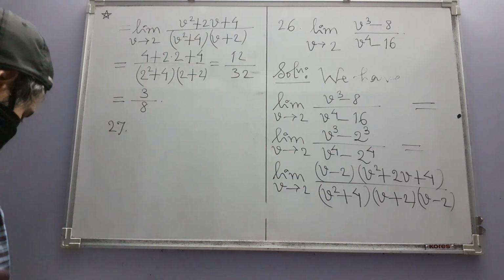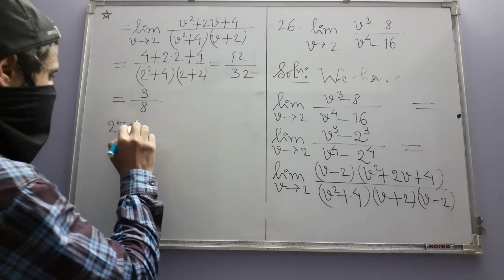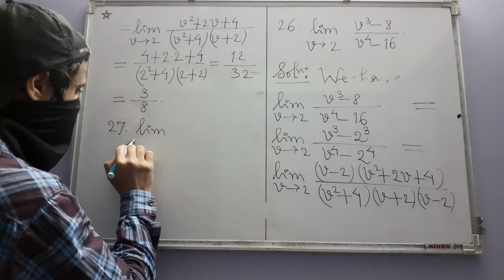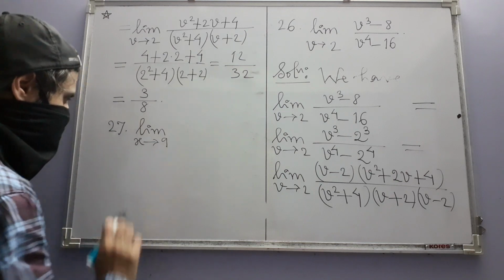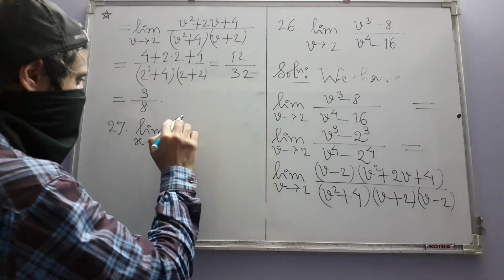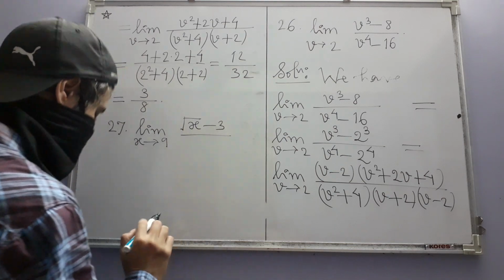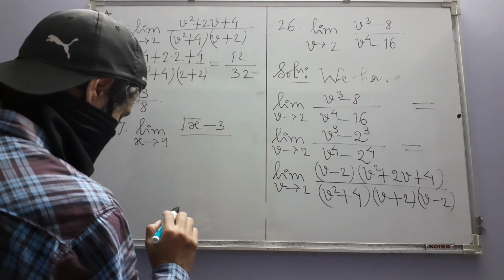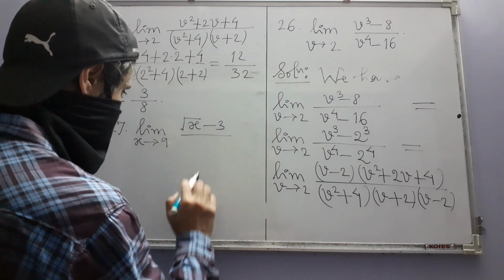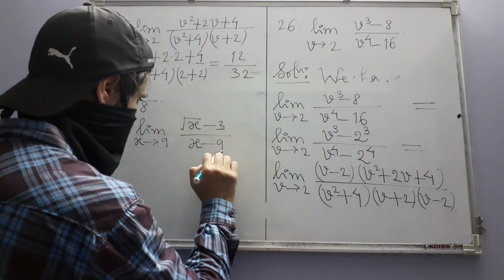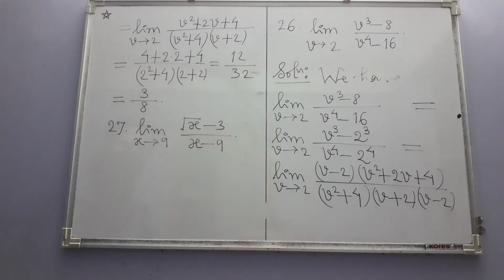Then 27. Limit x is approaching 9 of square root of x minus 3 over x minus 9.